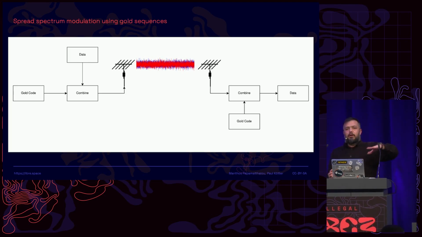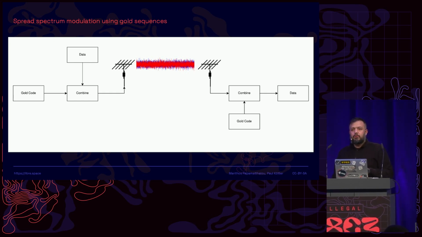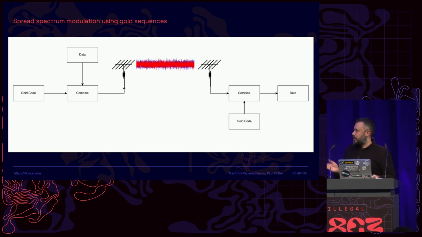For the low power part, we use something called spread spectrum modulation using gold sequences. Other low power protocols use it too, like GPS; I think all of the GNSS constellations use something like this. It's a difficult mathematical equation, but the basics are that you take your data and spread it in time and in frequency, and you have super low data rates, I think bits per second.